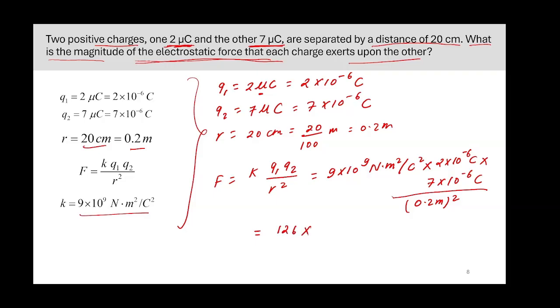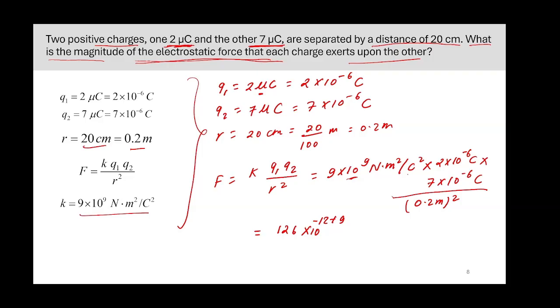126 times, we can see here there are 10 to the power 9, 10 to the power minus 6, 10 to the power minus 6, so 9 positive power and 12 negative power, so this results in 10 to the power minus 12 plus 9.